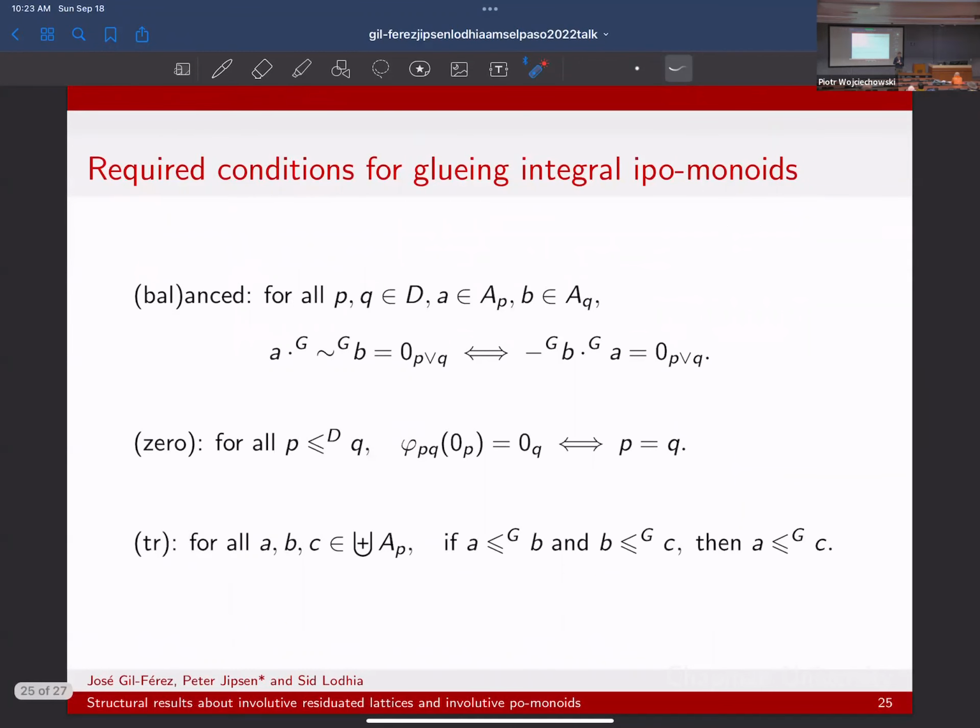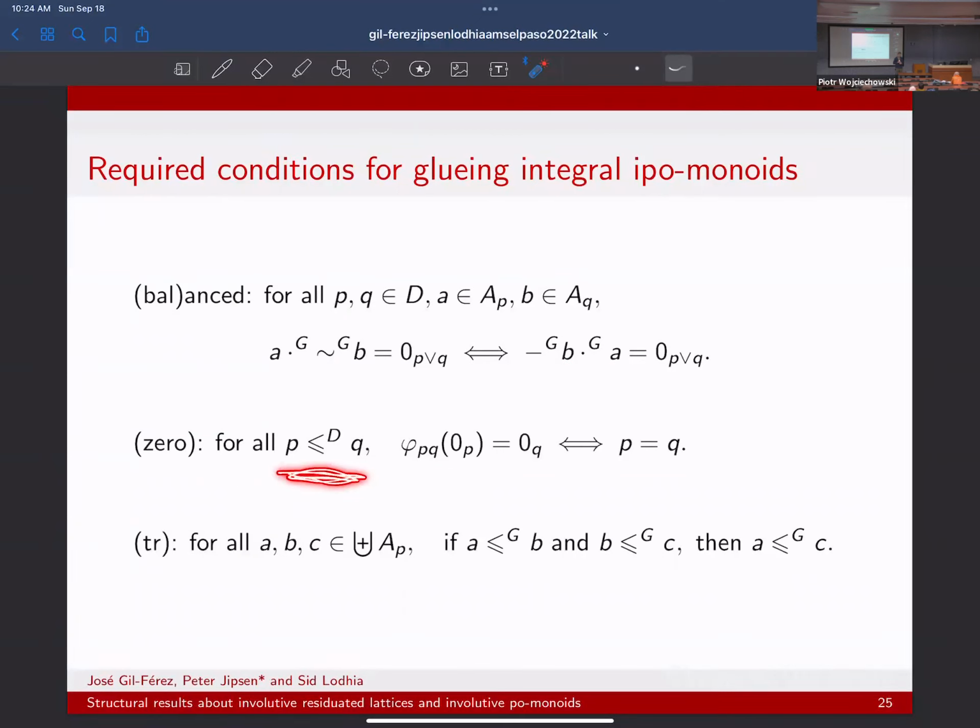And there are 3 conditions. The first one is pretty clearly connected to this notion of being balanced, because here we have a times the tilde and then minus the other variable times a. So it's called balanced. The second condition has to do with the 0. It's very interesting.